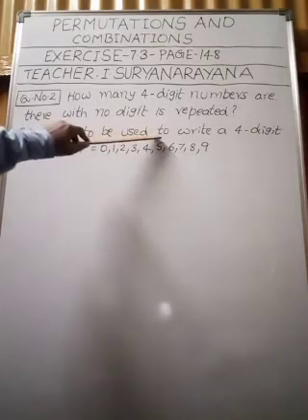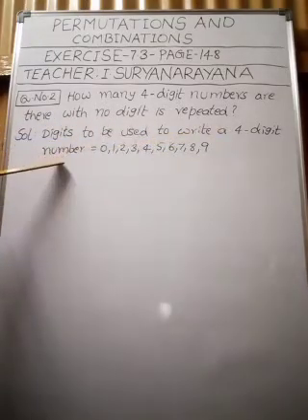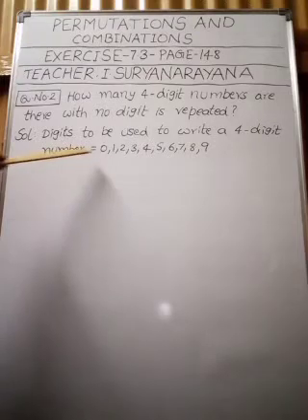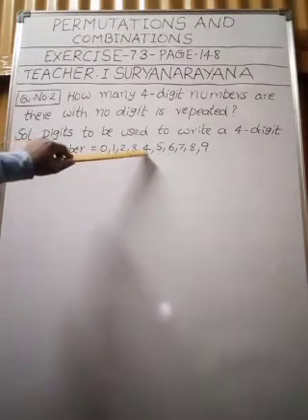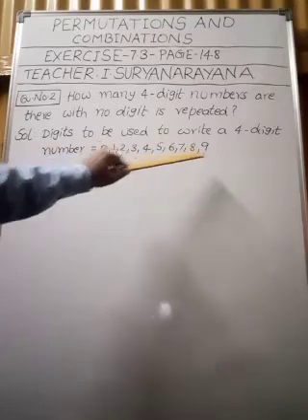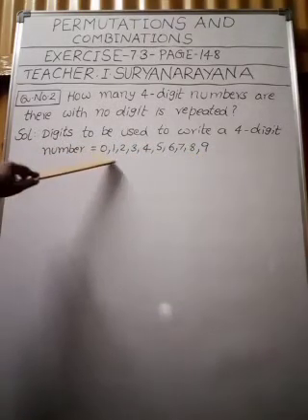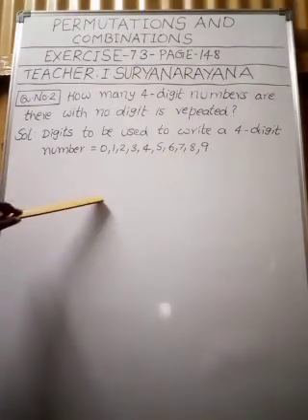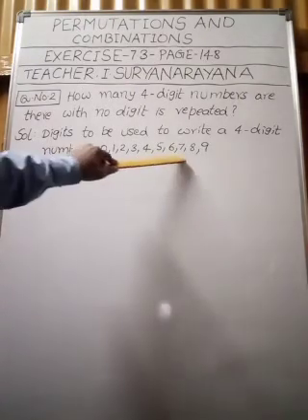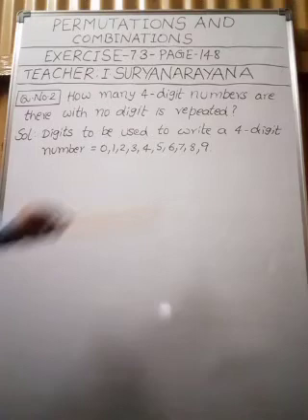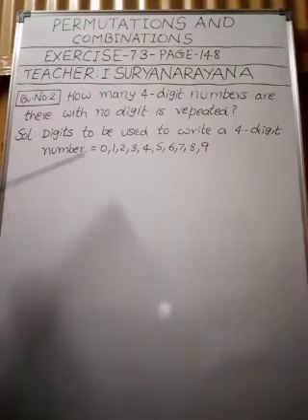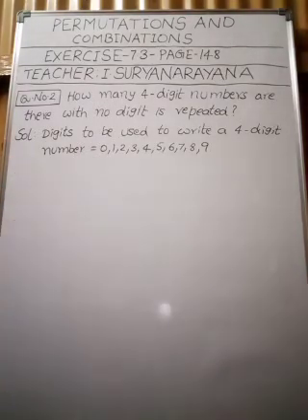Digits to be used to write a 4-digit number. Which digits are used here? 0, 1, 2, 3, 4, 5, 6, 7, 8, 9. Yes or no, my children? If you want to write a 4-digit number, we use these digits only. In the question, it is not given, but we use only these digits or not? Yes, we use these digits. Okay, my children? Right.